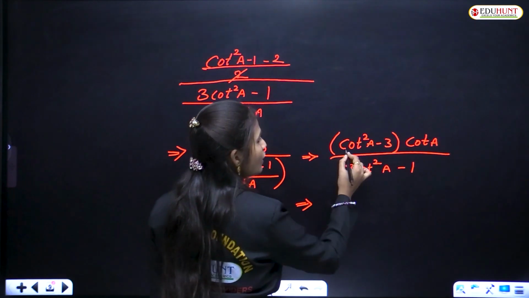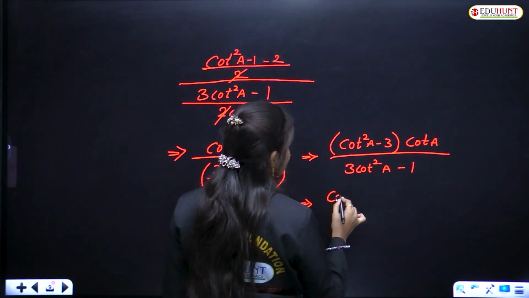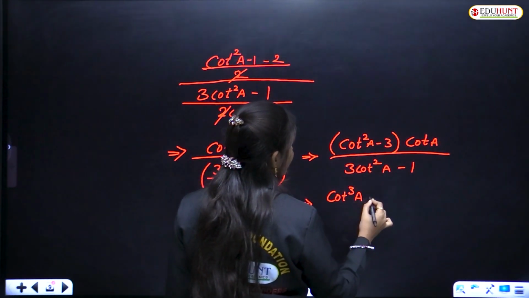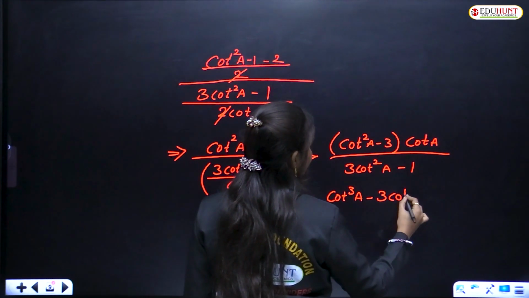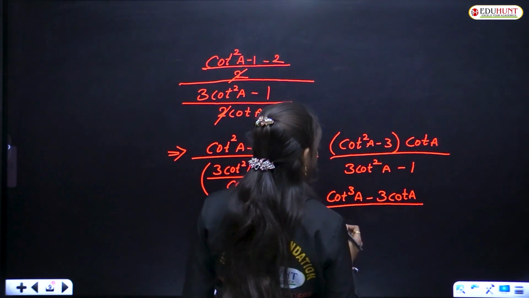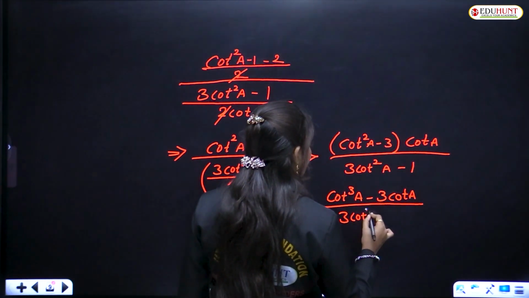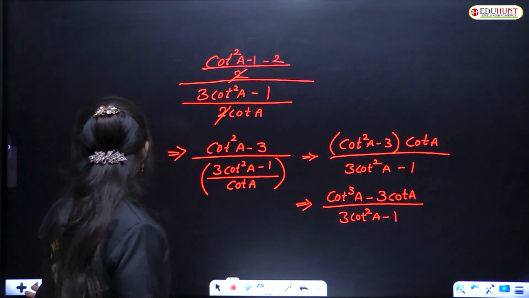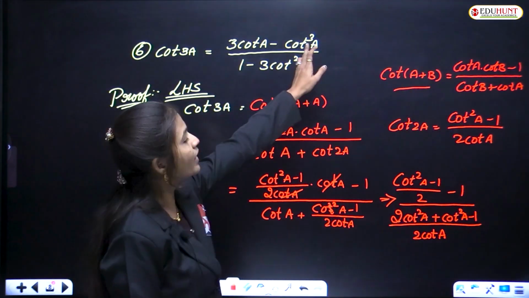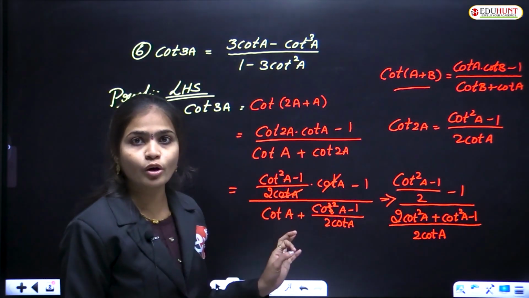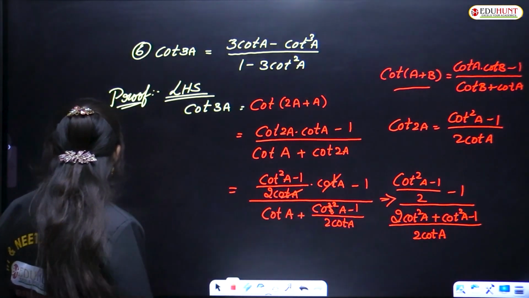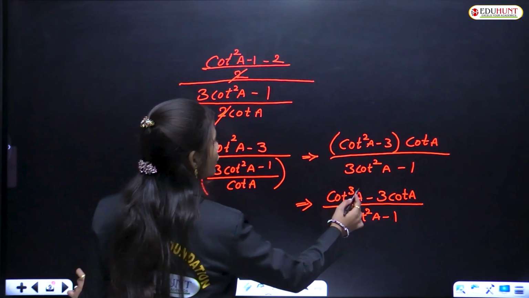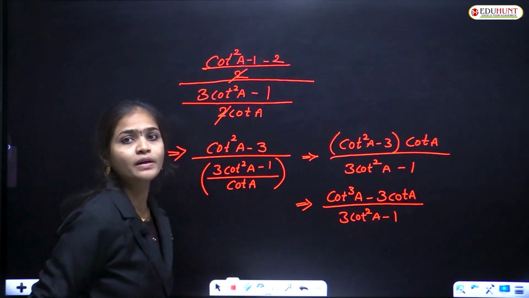From this, cot square A into cot A is cot cube A minus 3 cot A, whole by 3 cot square A minus 1. But children, observe the formula: what is the formula? 3 cot A minus cot cube A. But here we got cot cube A minus 3 cot A. In reverse, we got that.